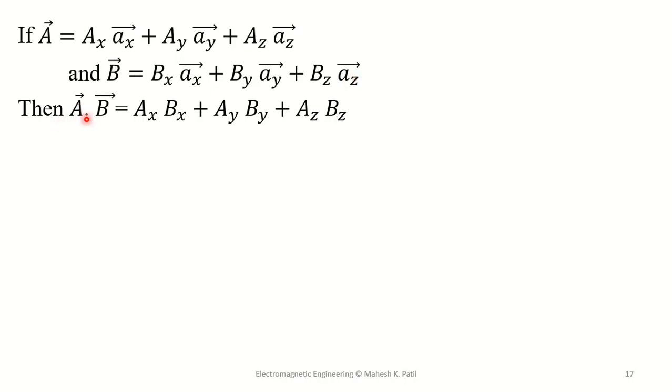That is, A bar dot B bar equals AX BX plus AY BY plus AZ BZ.